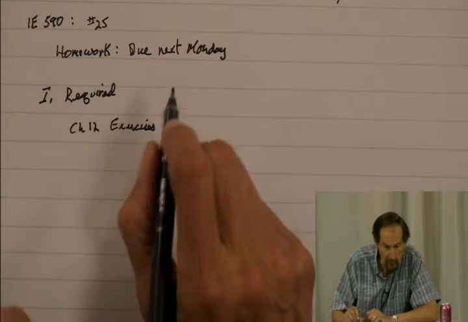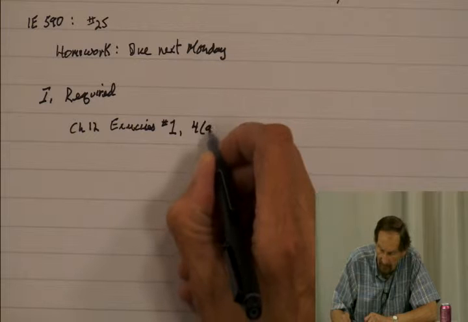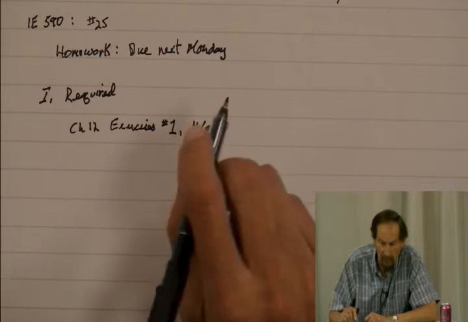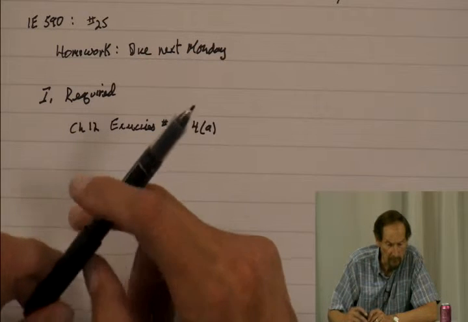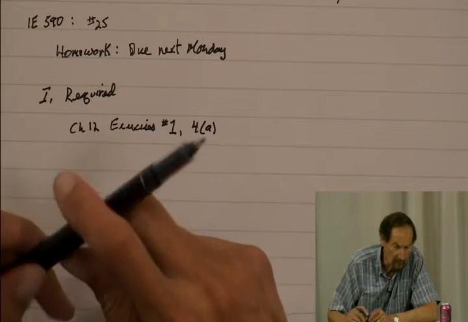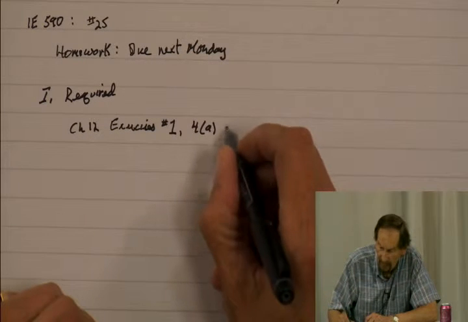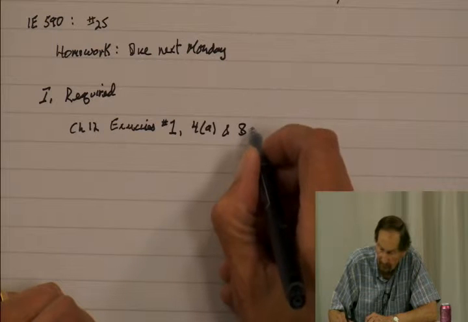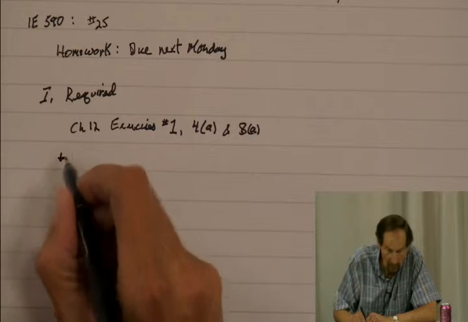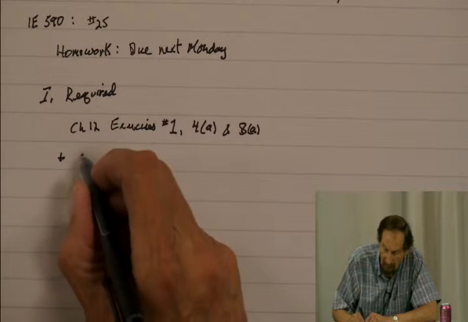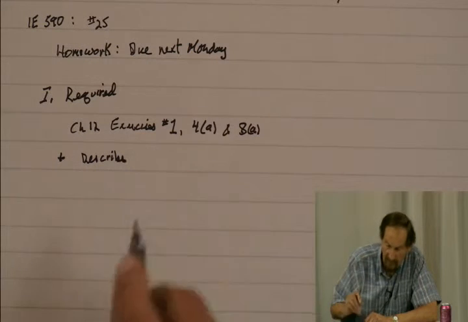Number 1 is a bull spread. 4A is a result we've already used on the option premiums for different values of strike price. And 8A. Okay, plus describe. This is an easy problem.